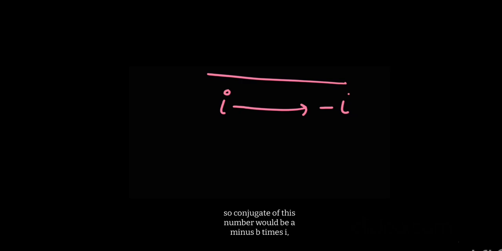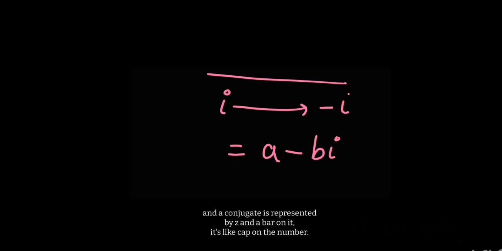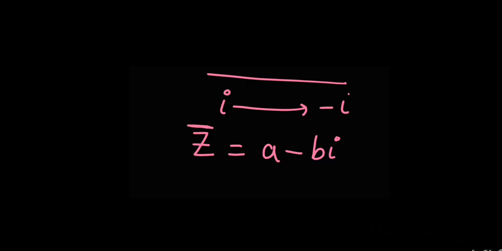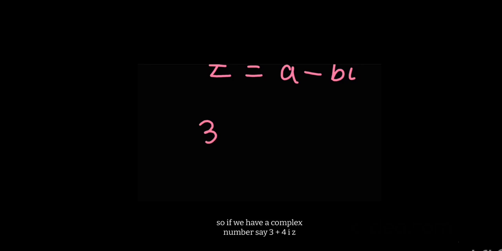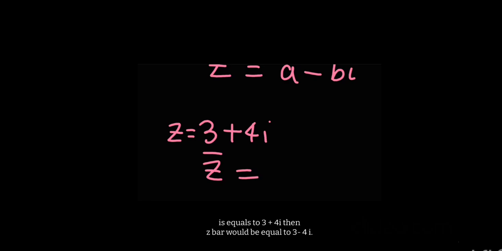So, the conjugate of this number would be a minus b times i. And a conjugate is represented by z with a bar on it. It's like a cap on the number. So if we have a complex number, say z is equal to 3 plus 4i, then z bar would be equal to 3 minus 4i.